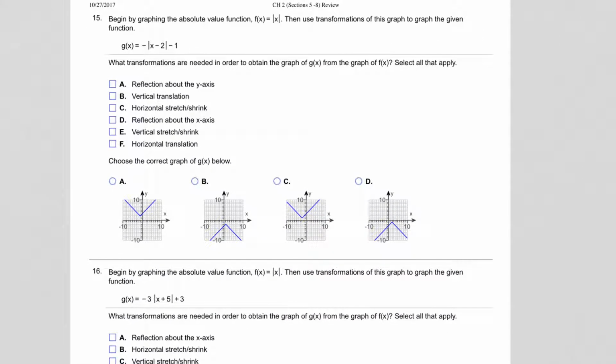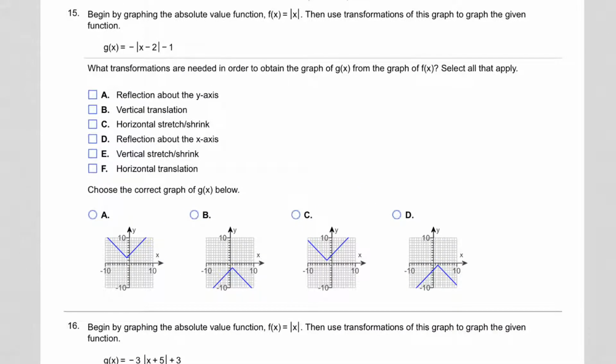Number 15. So this is a reflection. This is a shift to the left, I'm sorry, to the right, and this one's down. So we've got to mark all three. Reflection about the x-axis.